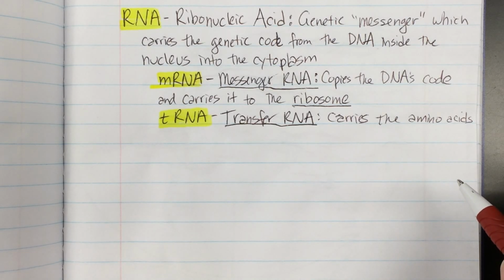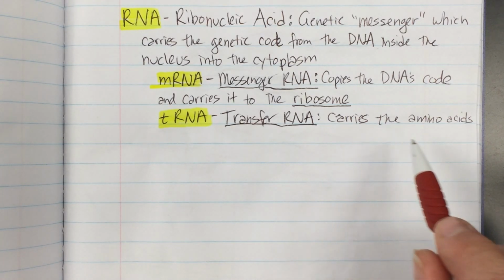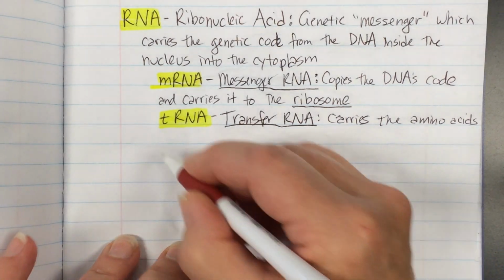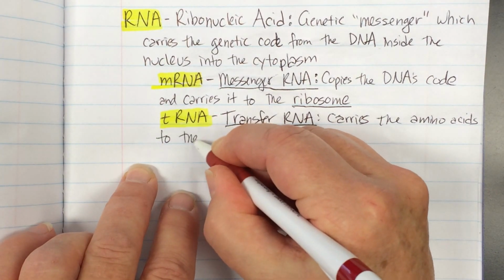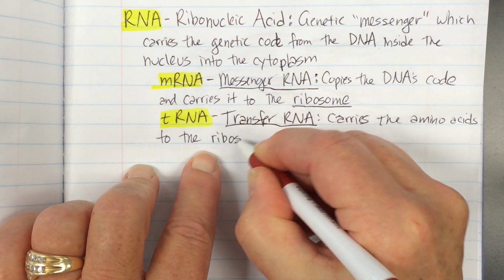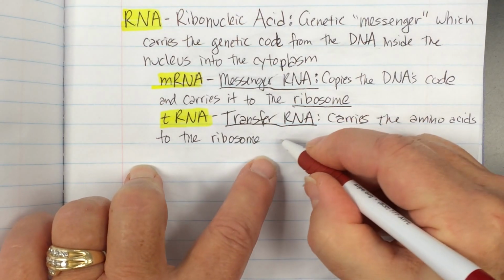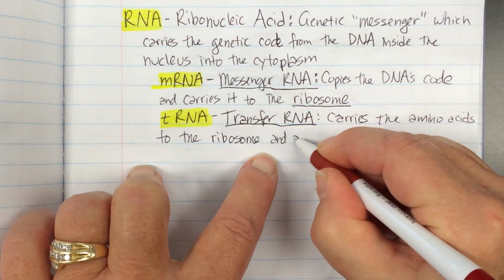So you could think of it as a helper in a kitchen running to get the ingredients, okay? So it carries the amino acids to the ribosome and adds them to the growing protein.